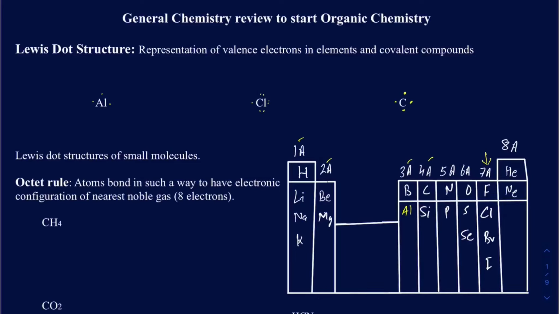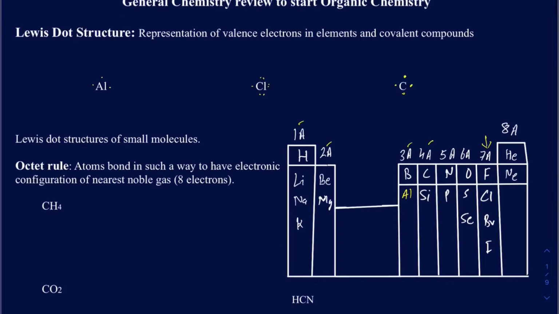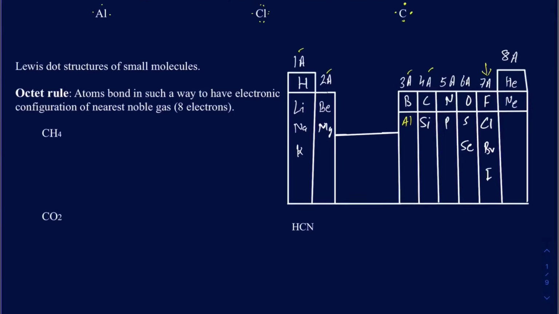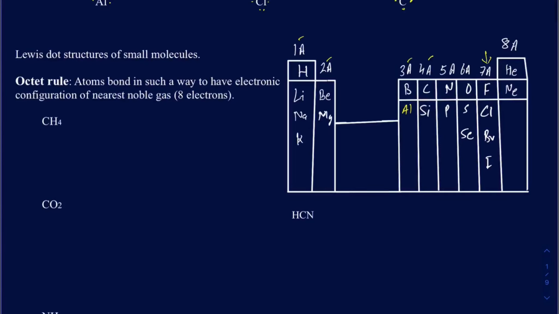But now you want to make sure you are aware of how to do the electron dot structures for the compounds, and especially we're going to be focusing on the compounds that contain carbon and maybe nitrogens here and there, but we're not going to be focusing too much on the compounds that are inorganic in nature. The first thing you want to make sure you know is the Octet Rule.